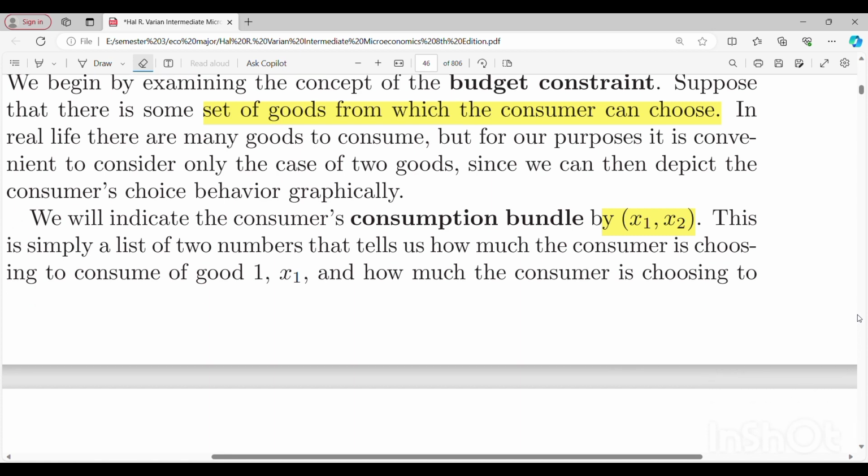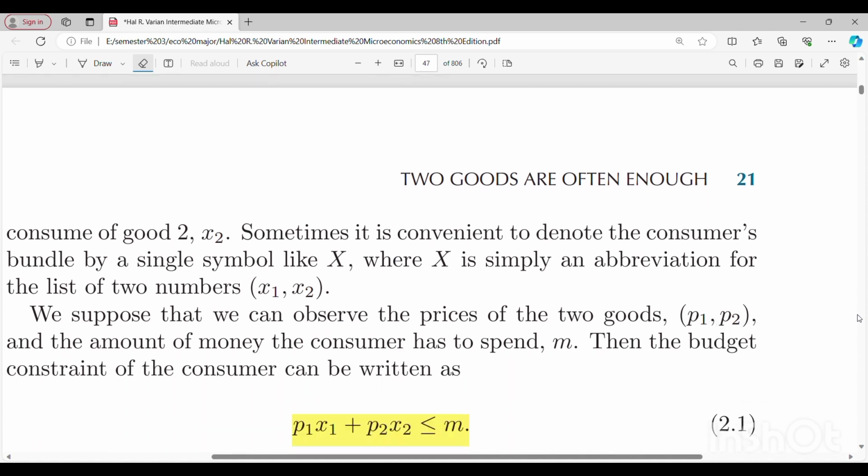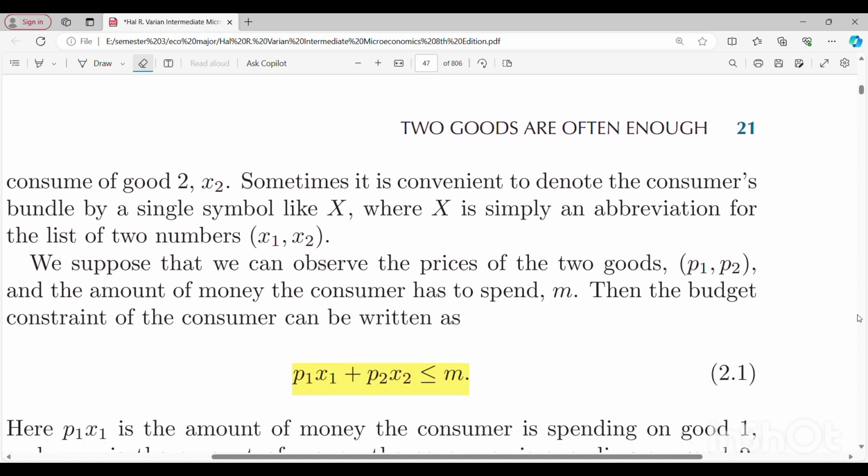That's it. If the consumption bundle has X1 and X2, we can denote it in a single symbol, capital X.